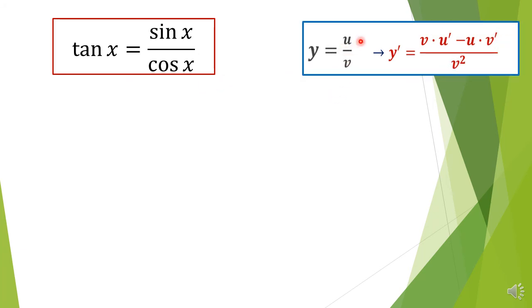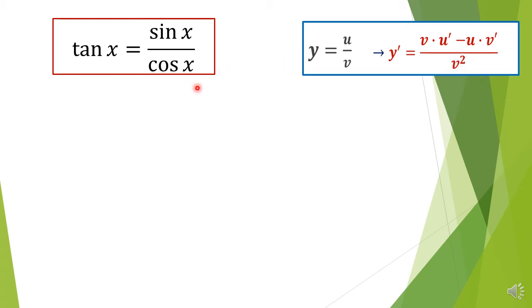So considering our numerator as our u, denominator is our v, yan. Our formula for the derivative of that fraction is v u prime, meaning denominator times derivative of the numerator, minus u v prime, meaning numerator times derivative of the denominator, all over the square of the denominator.